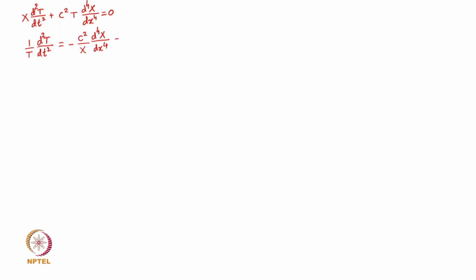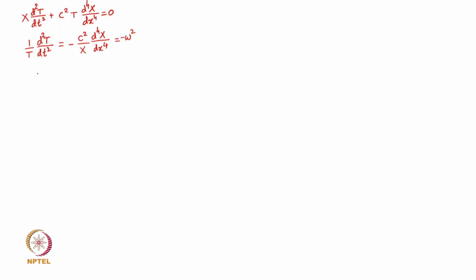And so because each of these terms is a function of only one variable, two different variables x and t, and if they are individually equal, which actually means that I can equate it to a constant, and I will treat this constant as minus omega square. Okay.